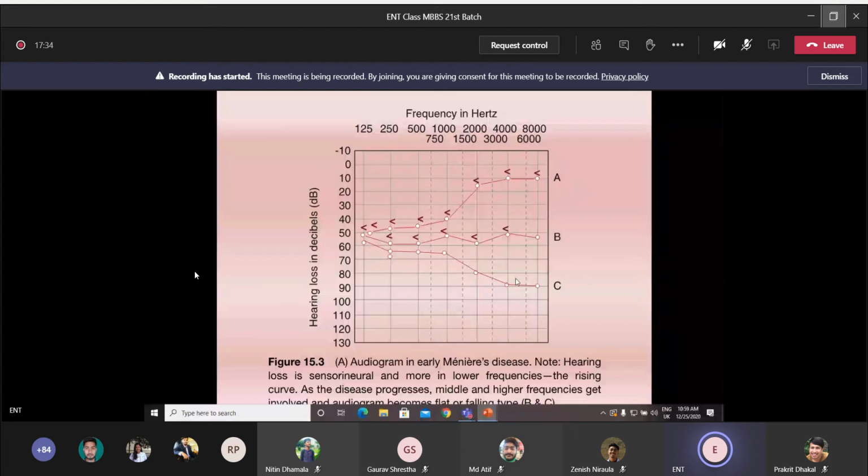But in the exam, they would give you the low frequency sensorineural hearing loss. Like we discussed, the Carhart notch is the typical finding in the audiogram of a patient with otosclerosis. Here in Meniere's disease, you would see a low frequency upsloping curve.